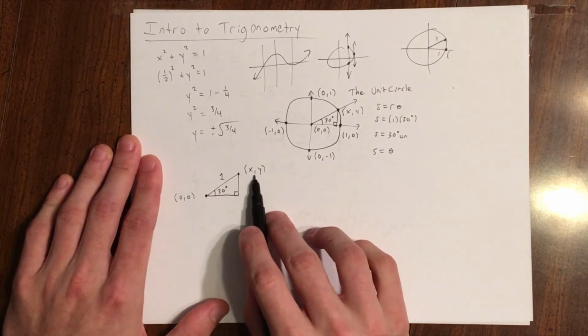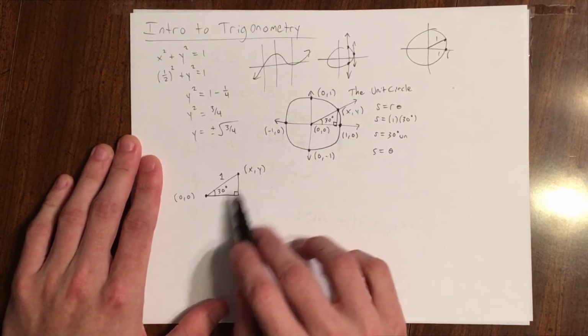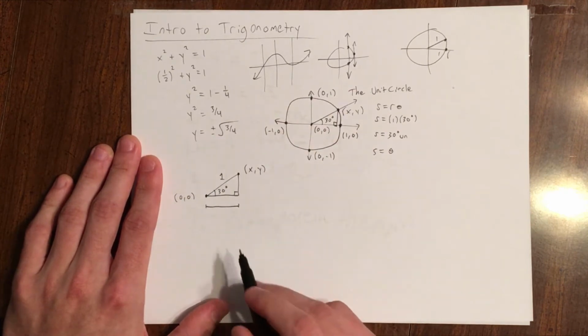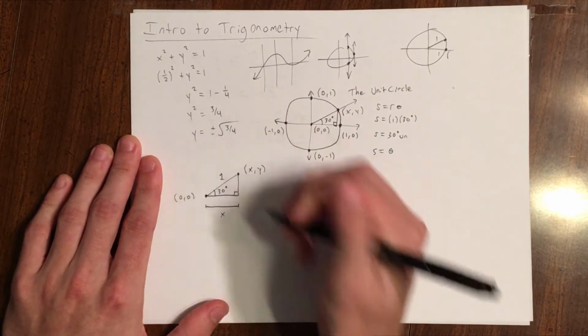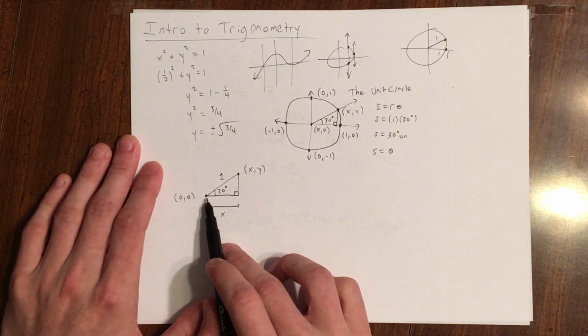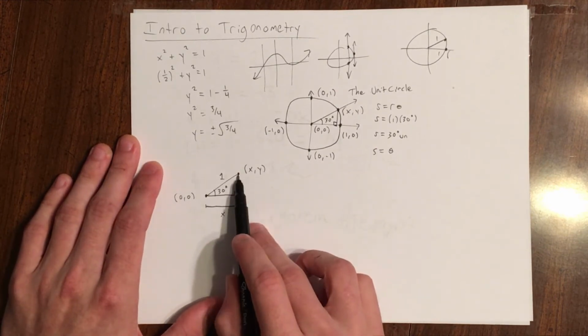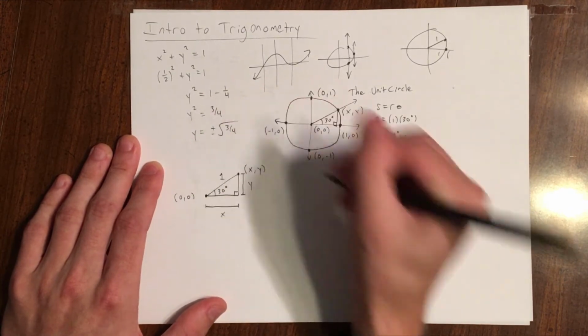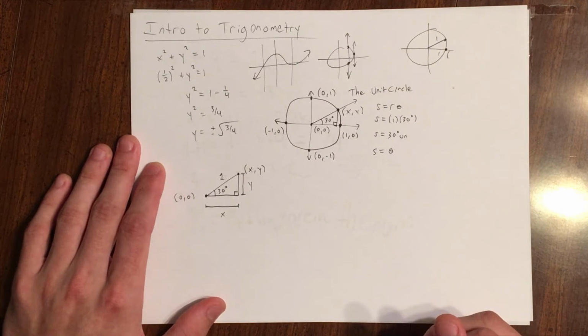Well, first thing to notice is that the length of the base of this triangle is going to be x. Since we're starting at 0, 0, the coordinate says that we're going x in this direction and then up y. This distance is y. All right.